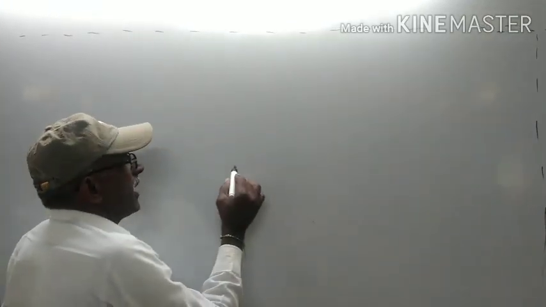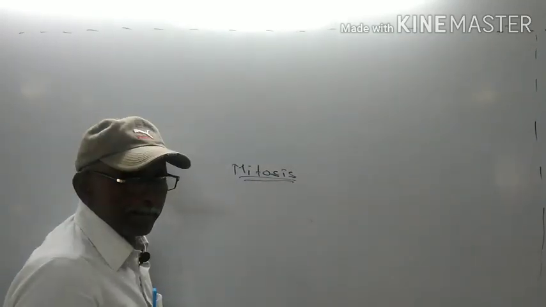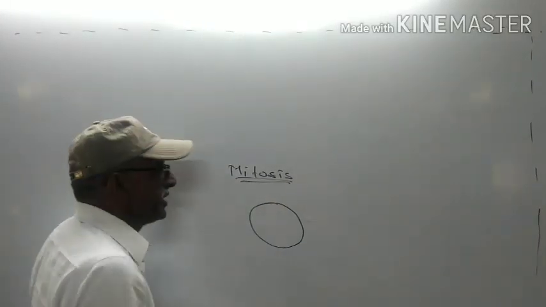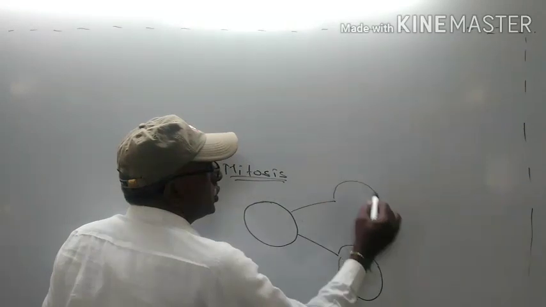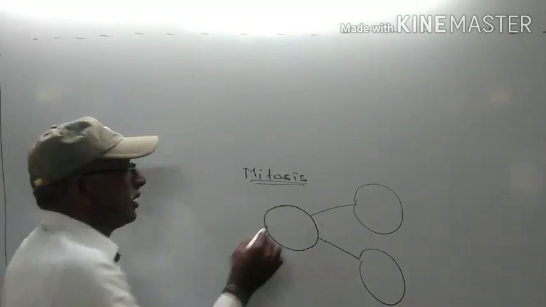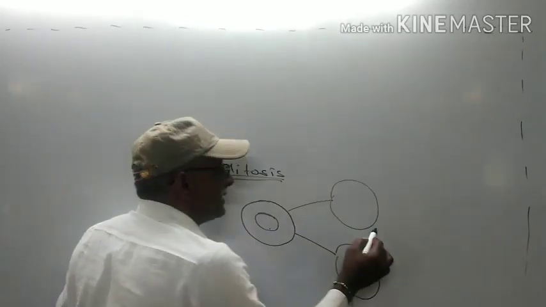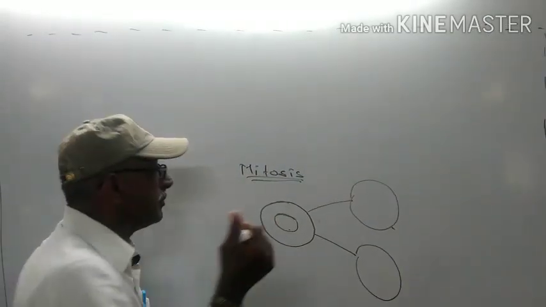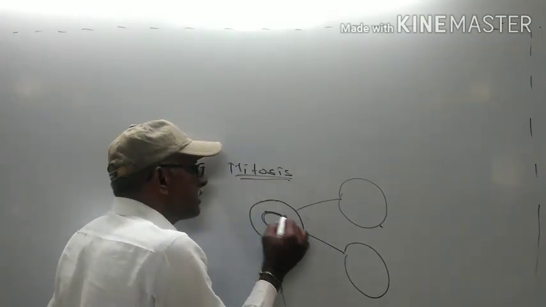Now, last year we saw mitosis. Mitosis is an equational division in which from one cell, two cells are formed. And the chromosome number of the parent cell and the daughter cell is the same. Because when a cell has to divide, it goes through interphase.